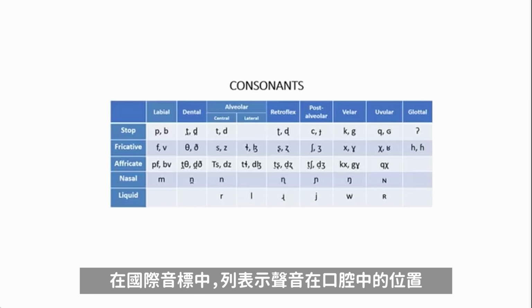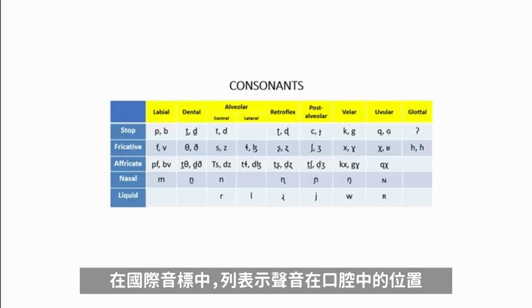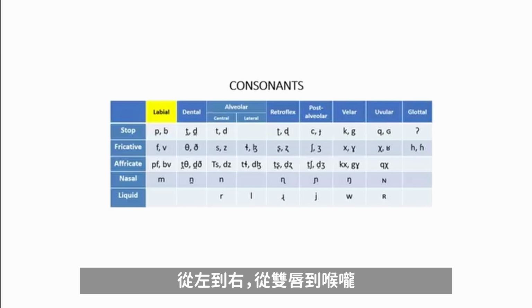In the IPA, the columns indicate where in the mouth the sound is produced, starting at the very front with both the lips, and moving back towards the glottis.